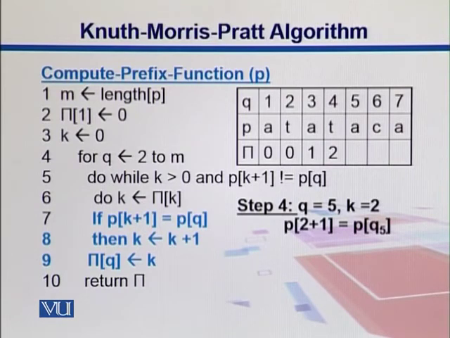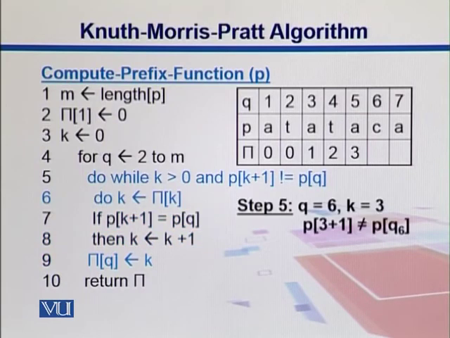So we will go into line 7 of this algorithm. We will update the K. So K becomes 2 plus 1, which is 3. And we will take that value 3 and store it in pi of Q. So right now pi of Q is equal to pi of position number 5. So we will put this value 3 in position number 5.